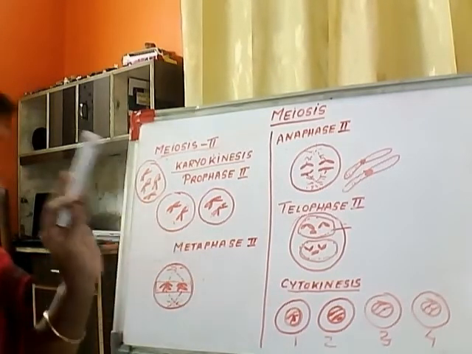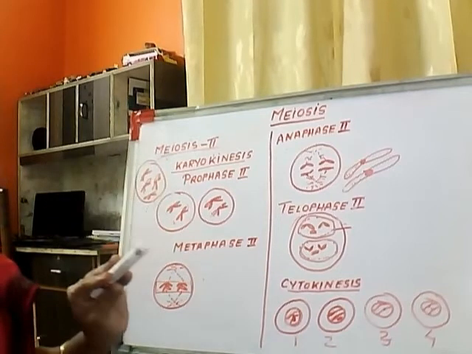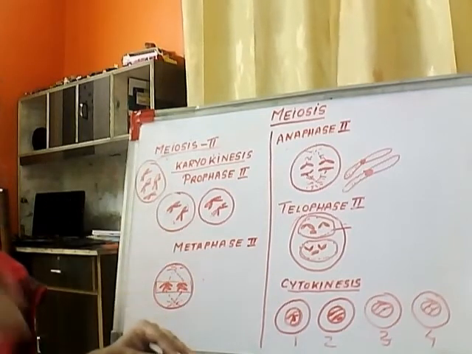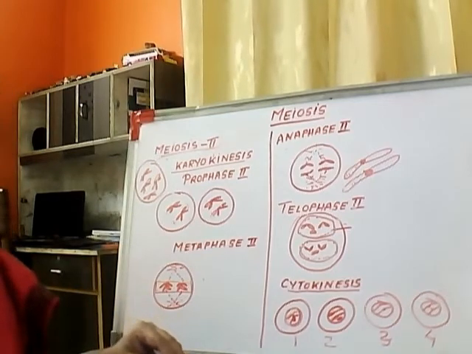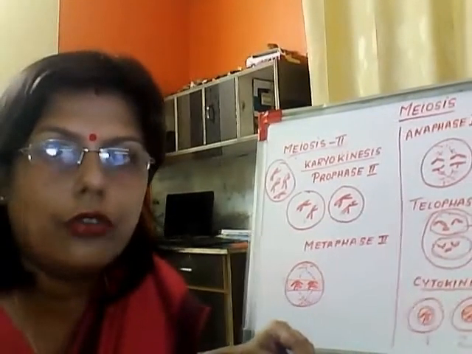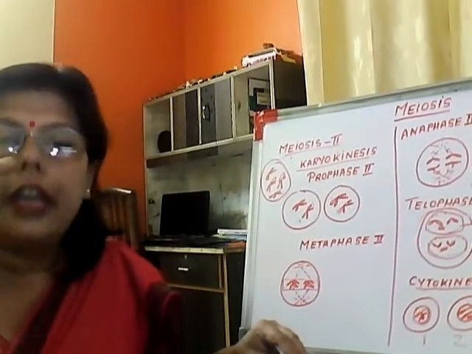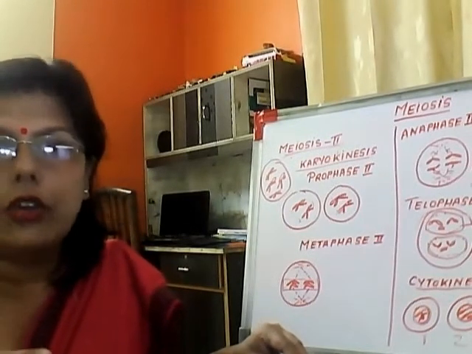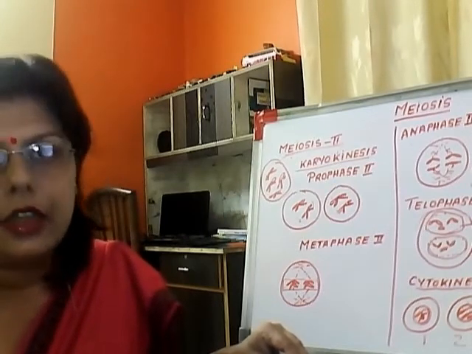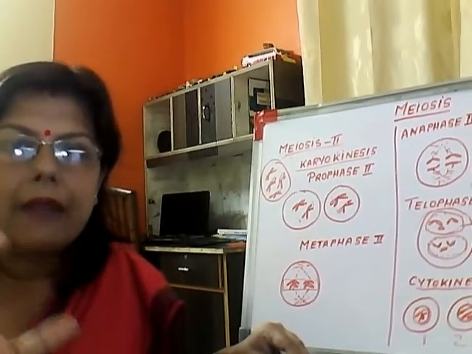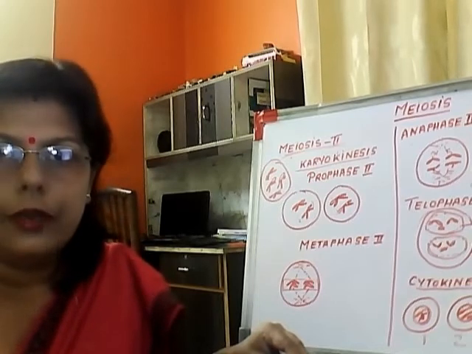Now mainly from this topic, certain things should be clear. One is the crossing over: when it takes place, in which stage the crossing over starts and in which stage it is completed, and what happens in the crossing over.